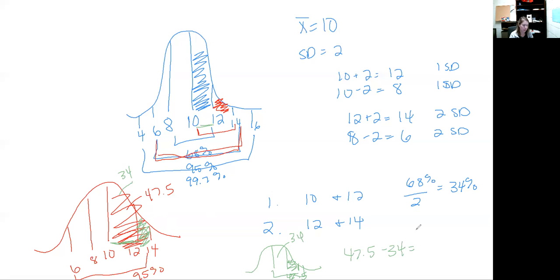All right, and that's going to give us, hold on, I don't have my calculator. 47.5 minus 34, 13.5%. Okay, so that one was a little bit trickier. But again, you're going to need to draw your normal curve every single time for these, okay? All right, let's do another one.